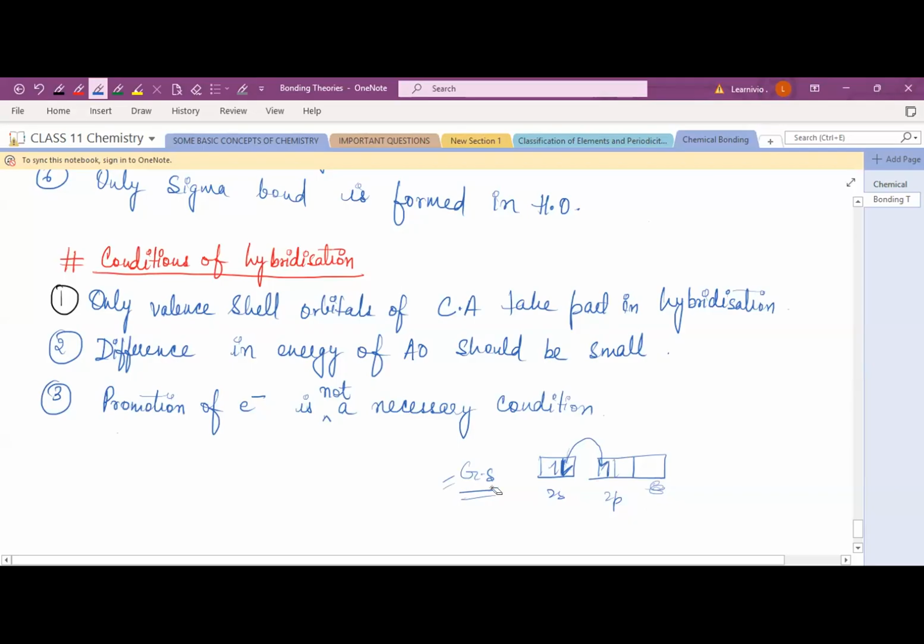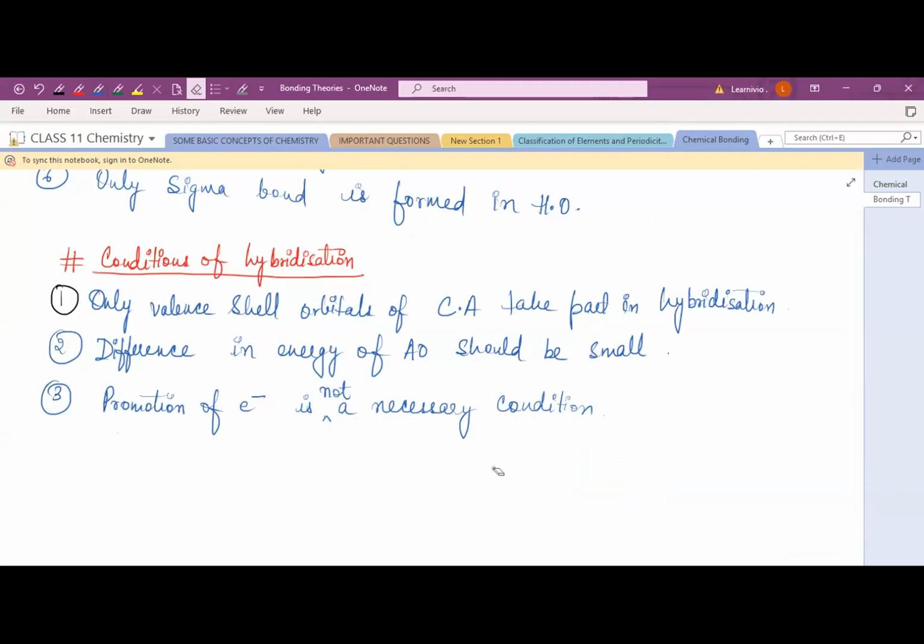But for the hybridization, excitement of electron is not a necessary condition. Without the excitement of the electron, the hybridization also takes place. Without the promotion of electron, तभी भी hybridization हो जाता है. It is not a necessary condition, right?